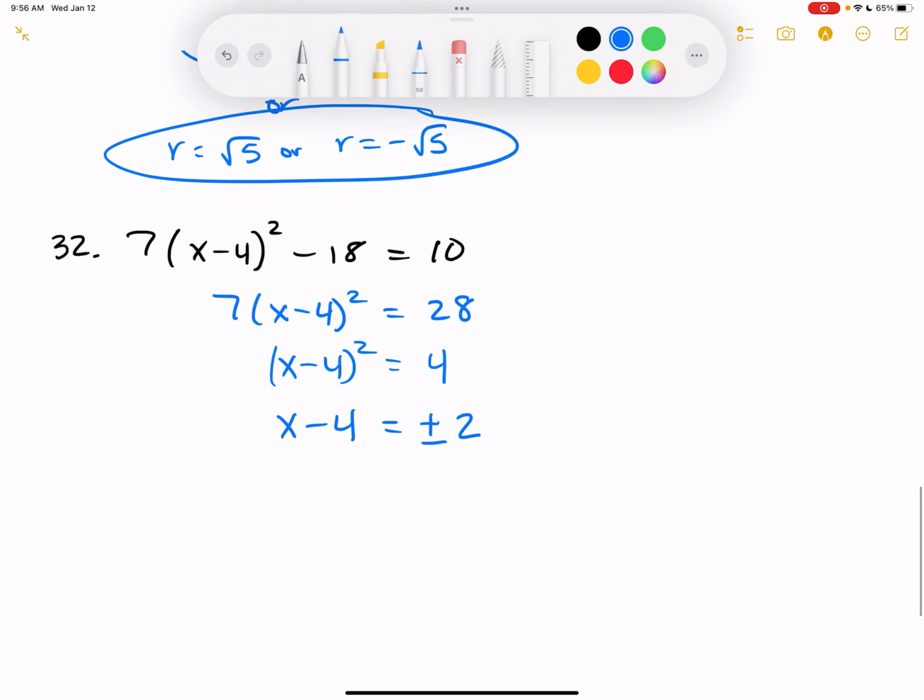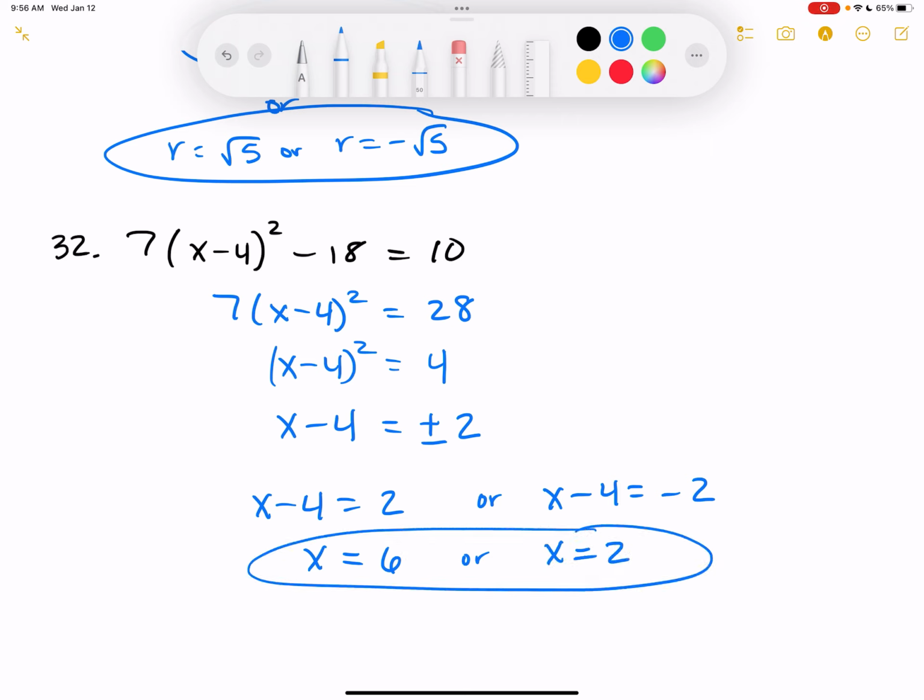I'm going to have x minus 4 is equal to positive 2, or x minus 4 is equal to negative 2. Those are the two possible options that I have. So, add 4, we get x is equal to 6, or adding 4 to the other one, x is equal to 2.